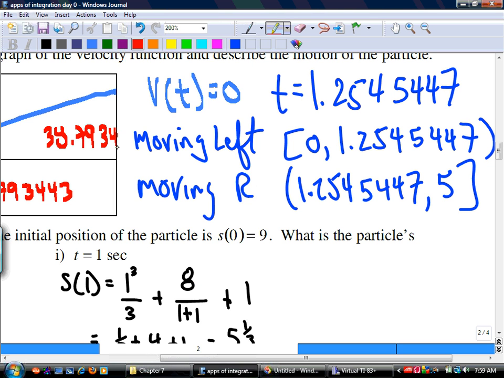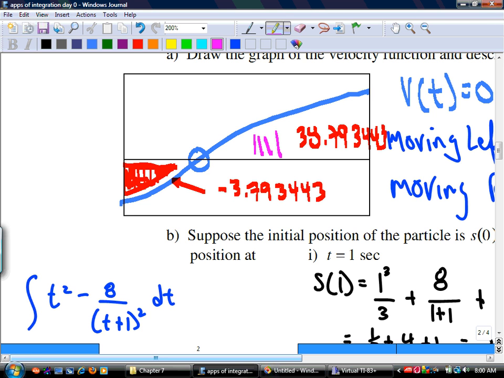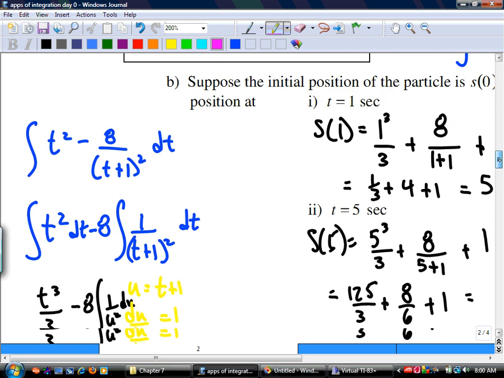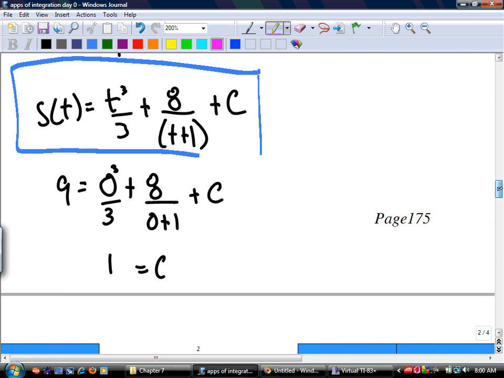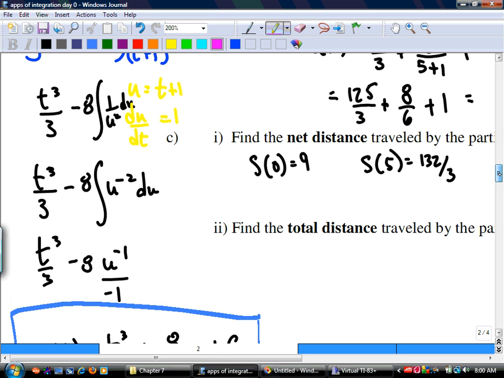Can I get this red area, that top area, without actually doing that calculation? Take a look at your net answer. Take a look at how that 3.79 might affect that net answer. Well, it's just added on, right? Like this net answer here.